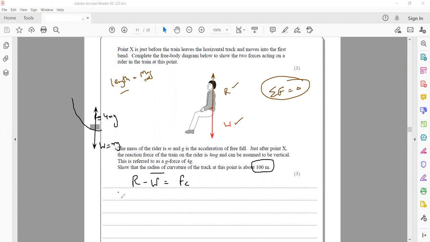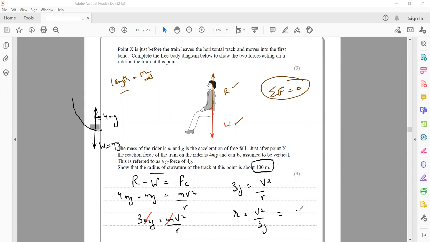R is 4 mg, so 4 mg minus mg is equal to the centripetal force, which is mv square over R. When we simplify, 3 mg is equal to mv square over R. m will cancel with m. So we are left with 3g is equal to v square over r, but we need the radius, so r is equal to v square over 3g. What is v square?